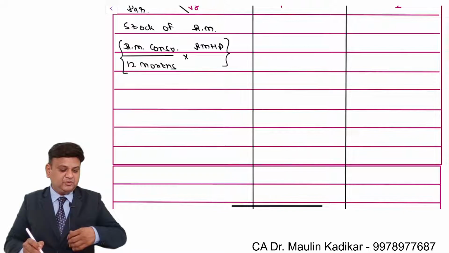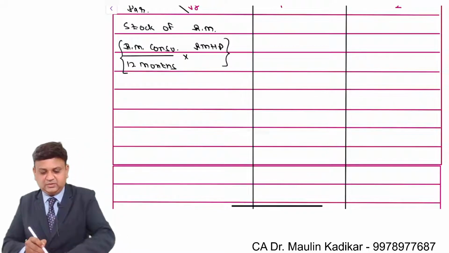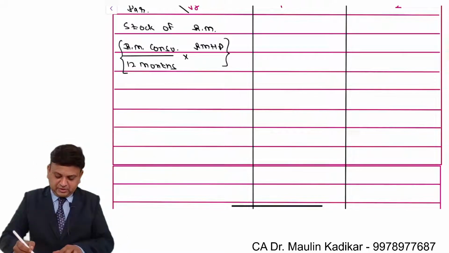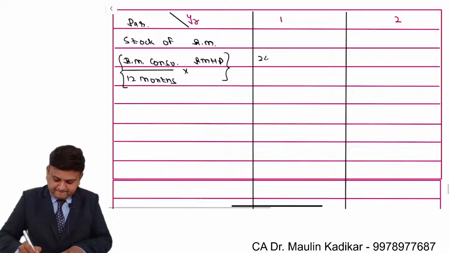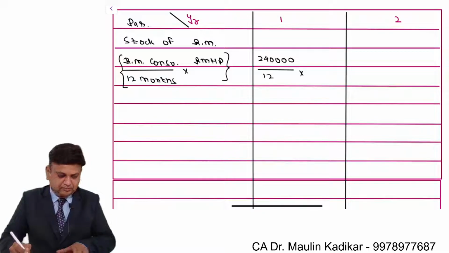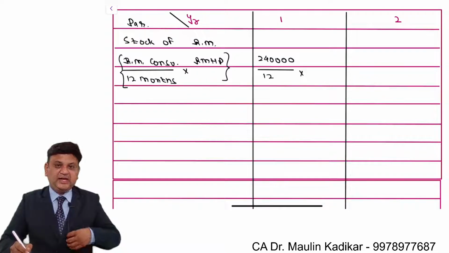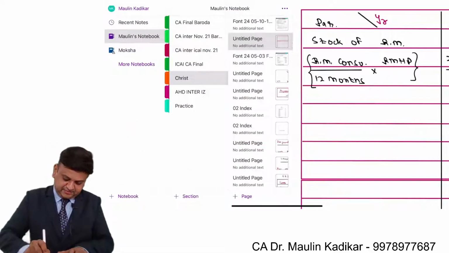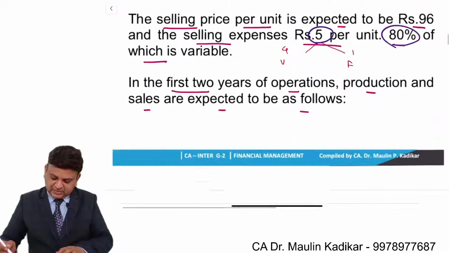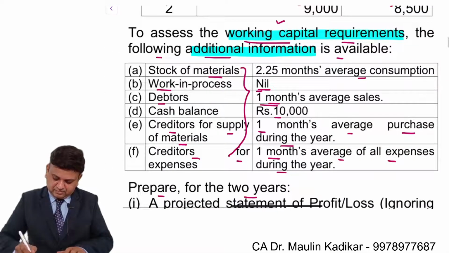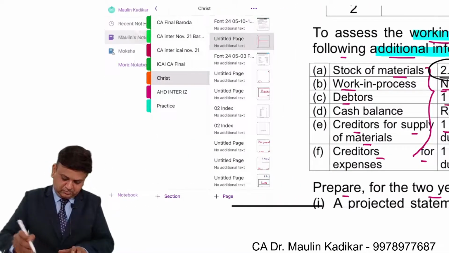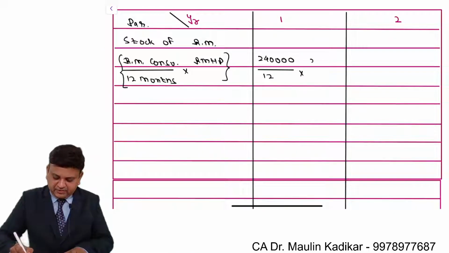What is the consumption of the raw material in the first year? 40 into 6,000, 2,40,000, divided by 12 months in a year, into the raw material holding period, which is given to us as 2.25 months. So into 2.25.